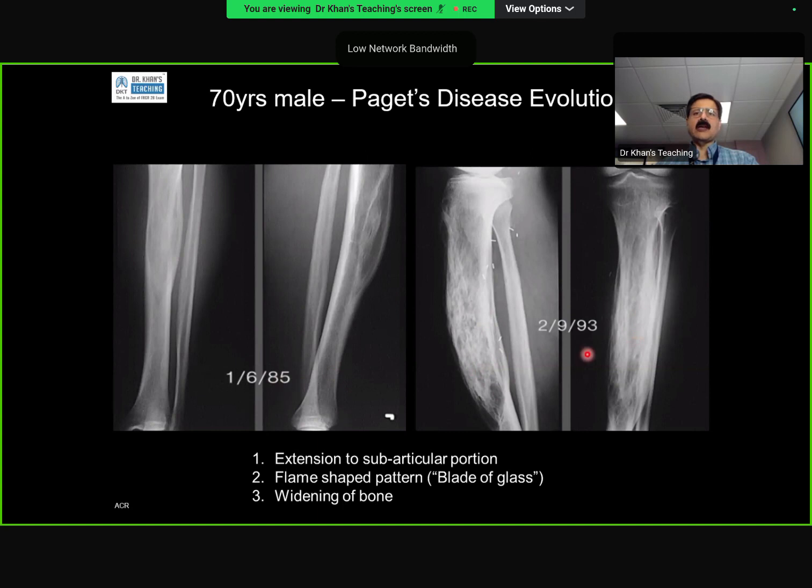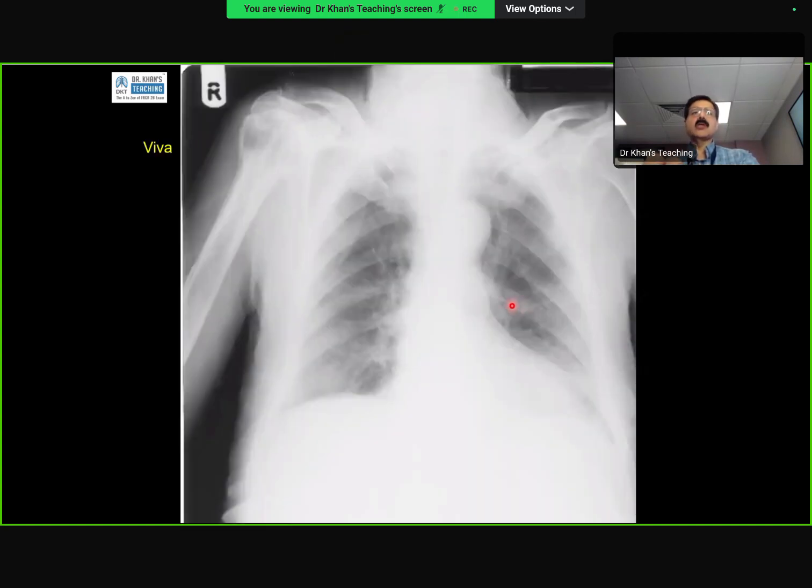What is the interval? 8 years. In 8 years, this is what has happened. Oh, the projection is extremely, I think, not a good one to show you on this PowerPoint because it has become very, very high density.